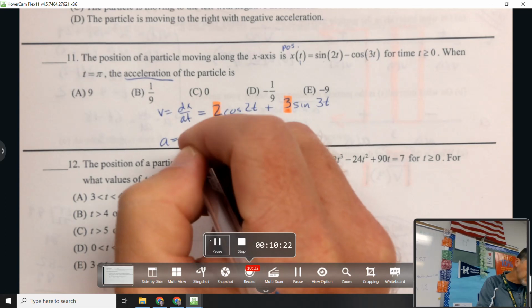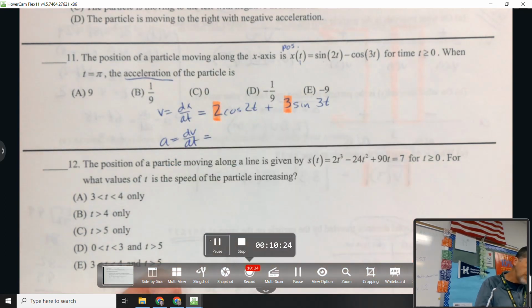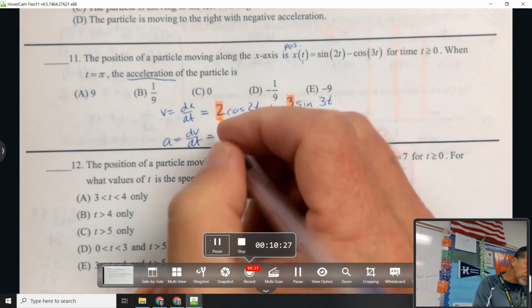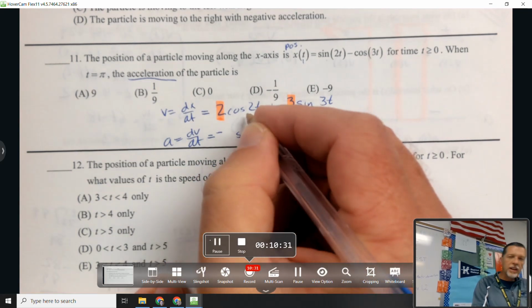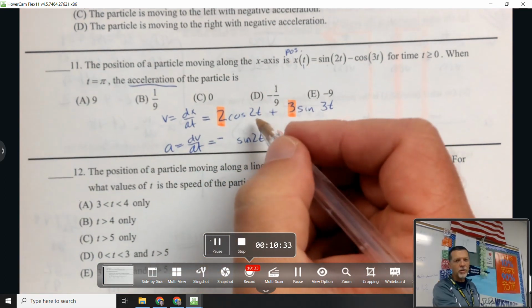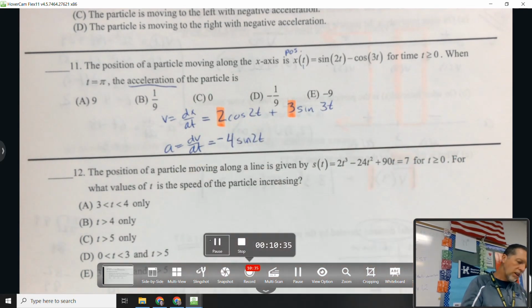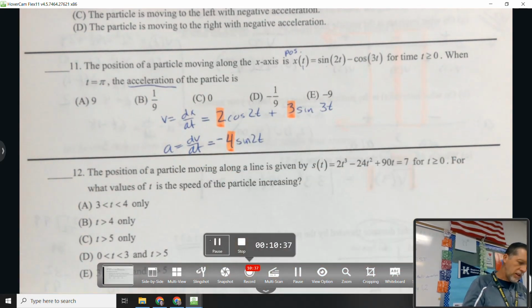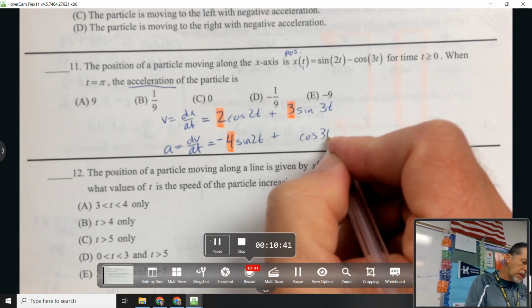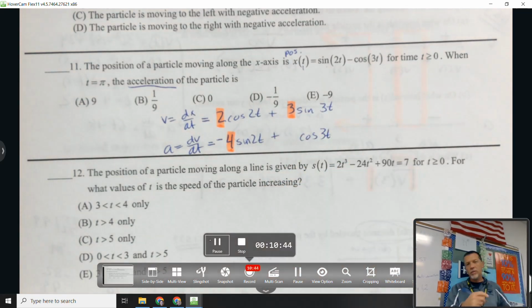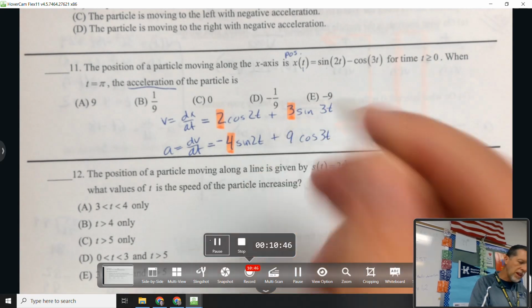And then acceleration means I need another derivative. Derivative of cosine is negative sine. And another 2 pops out because of the chain rule, so 2 times 2 is 4. Derivative of sine is cosine. And a 3 as a result of the chain rule, and 3 times 3 is 9.